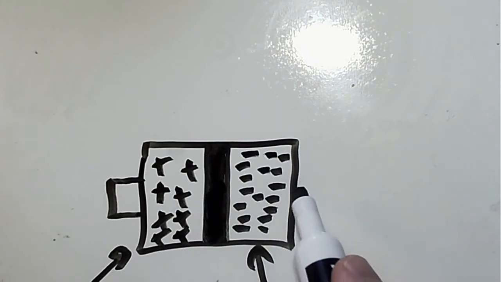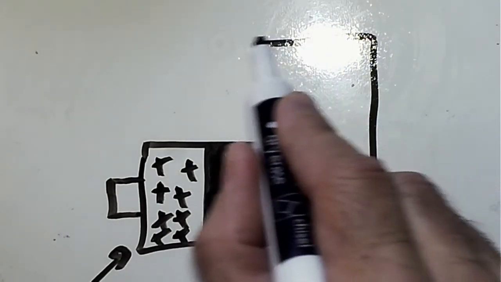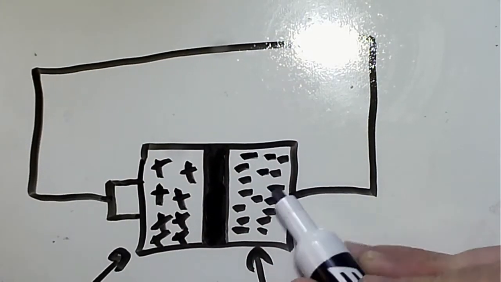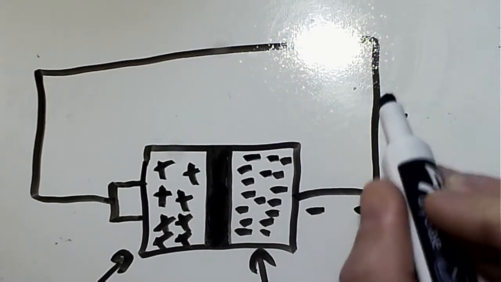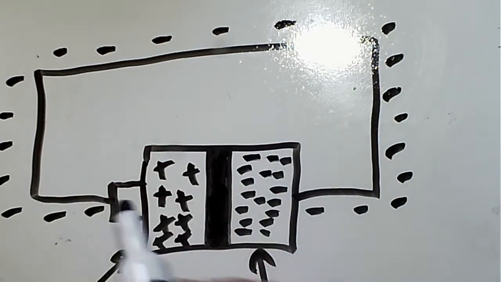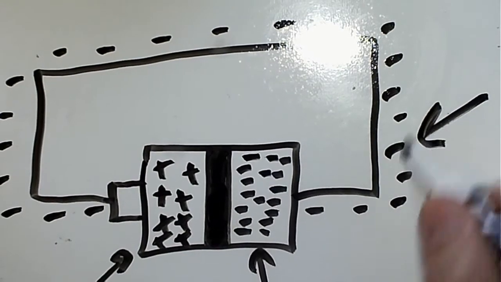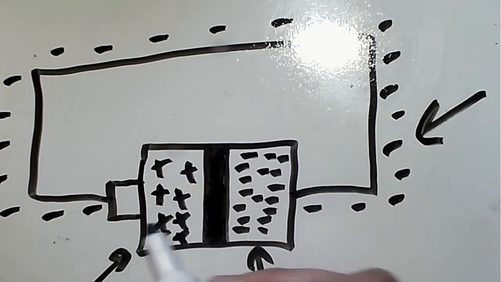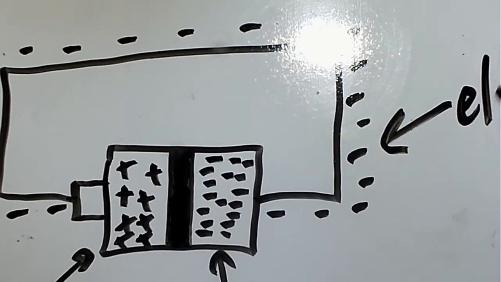So what you do is you take a wire and you connect the two ends, and these electrons say, yay, a way out, and they start moving through the wire to the other side.